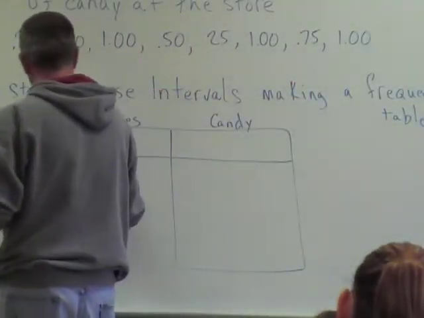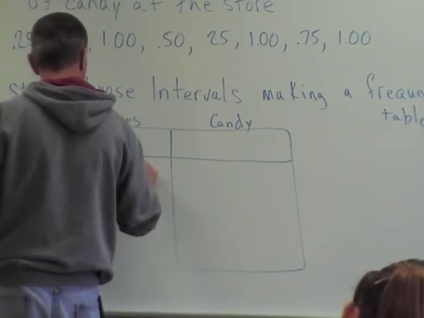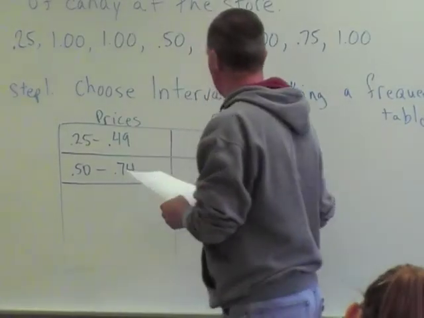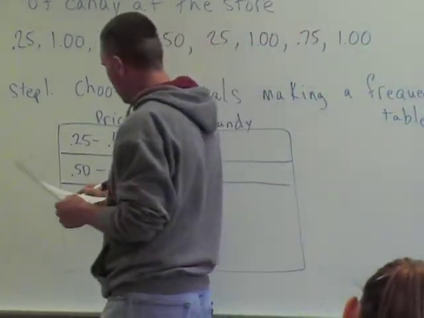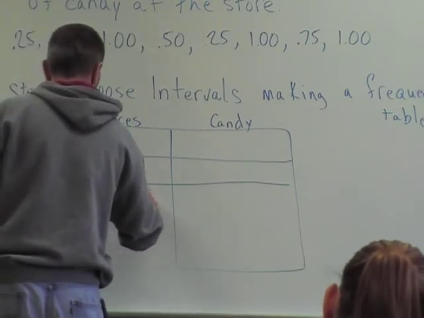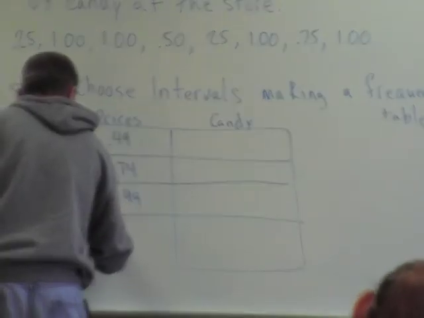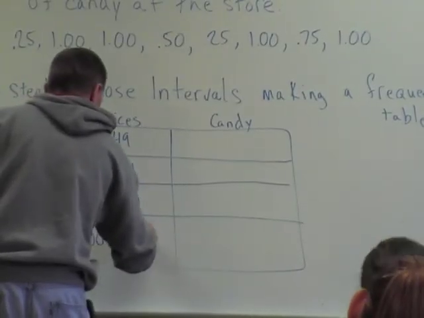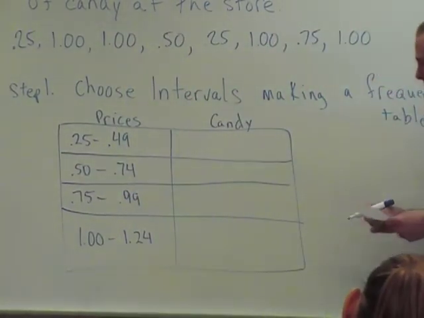From 50 cents to 74 cents, I'll mark down how many I have. And 75 cents to 99 cents, same thing. And then $1 to $1.24. Wait, don't they just say like $1 and up? Yeah, you can.